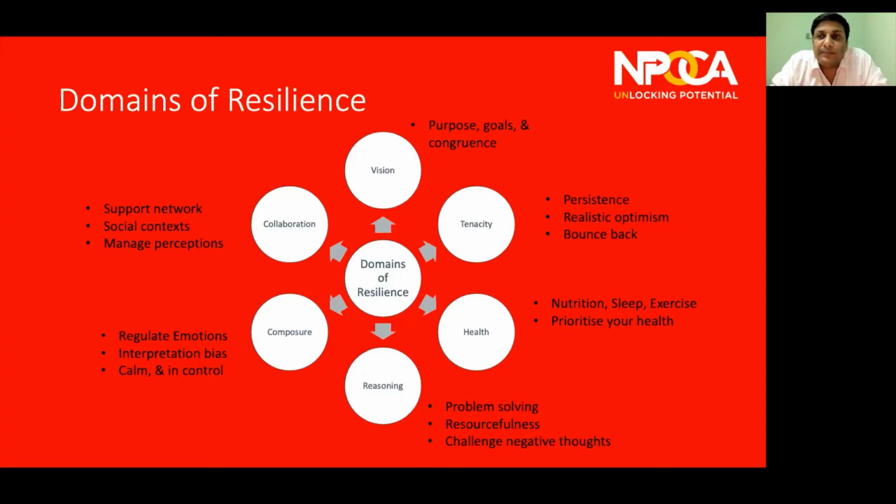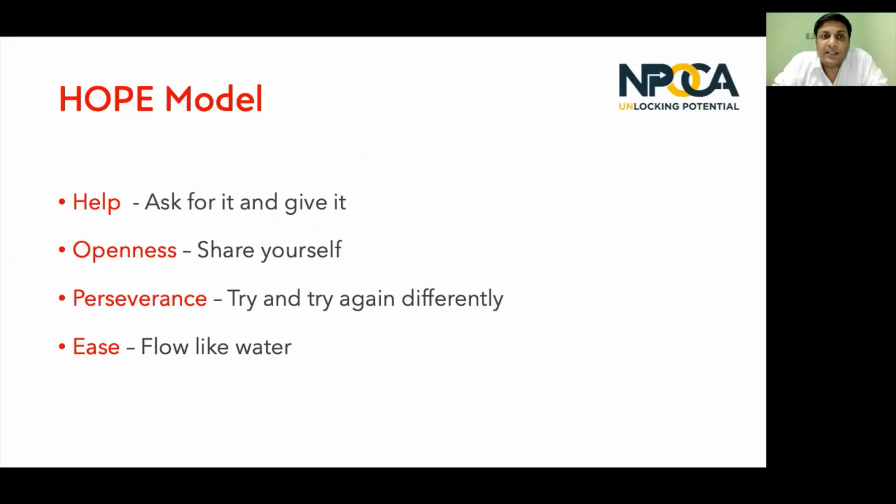Learn to be resourceful. It's an important trait that the world of work will ask you to have. Something that you can practice is called a HOPE model. Seek help and be of help when people need it. There is absolutely nothing wrong in reaching out and seeking help.